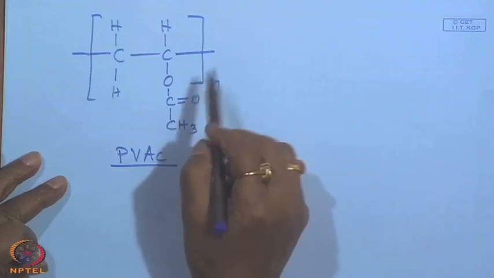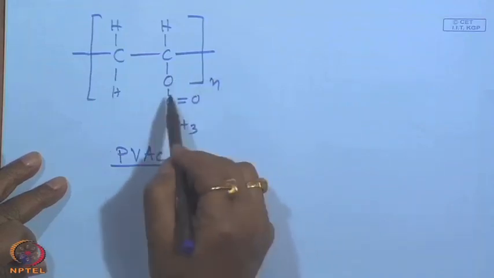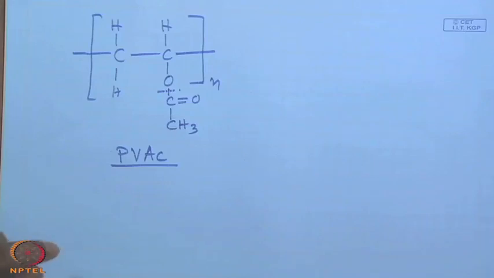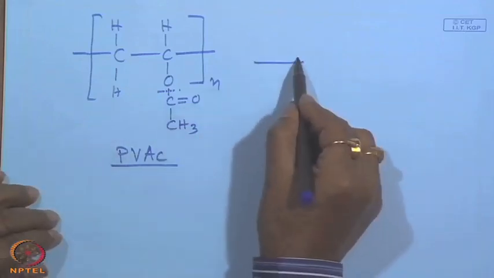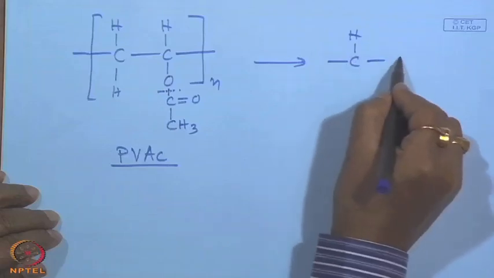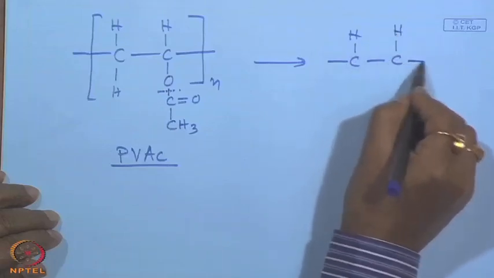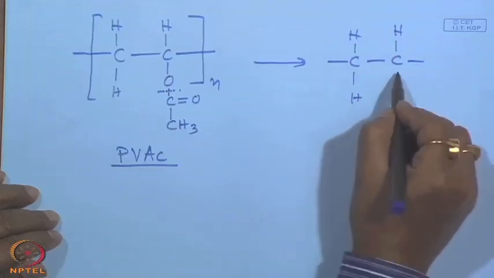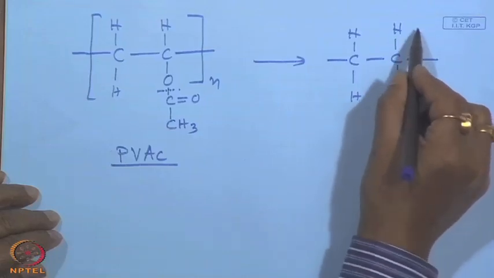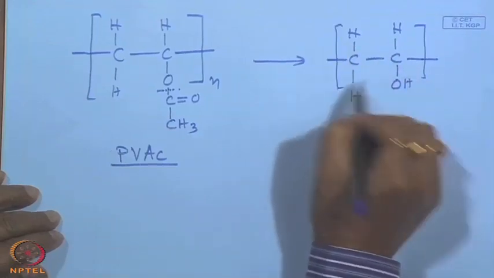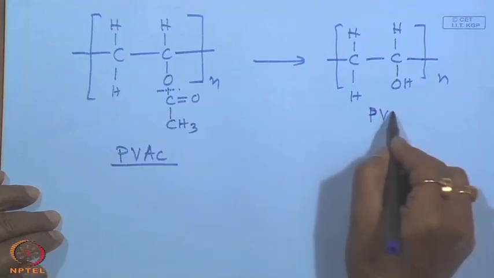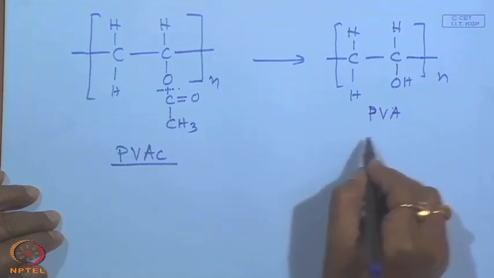Now, this is the vulnerable bond where it can hydrolyze, forming this polyvinyl alcohol and acetic acid.